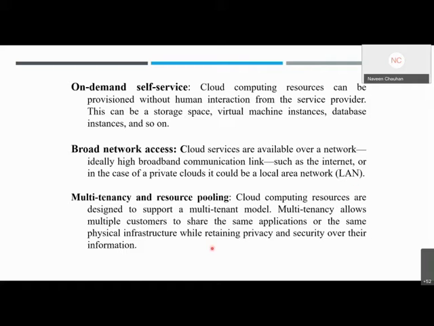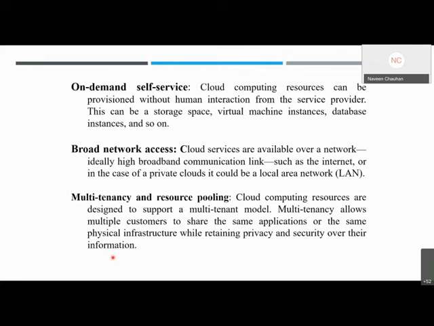Multi-tenancy allows multiple customers to share the same application or the same physical infrastructure while retaining the privacy and security over their information. So obviously, when there are multiple stakeholders, for example, take any application of Internet of Things or the cloud services which are going to be provided by the service providers.